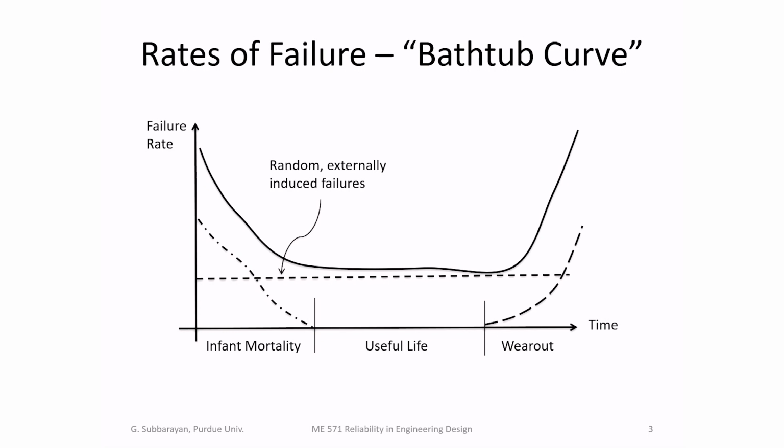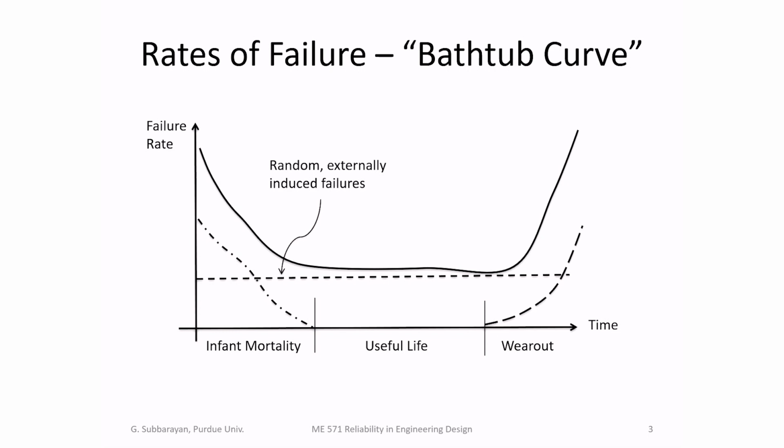We will judge whether a probability distribution, a mathematical model from a reliability perspective, is adequate if it can capture these three phases of a product life. We don't have to have a single model to capture the whole life of the product, but you need to be able to capture each individual phase with some mathematical model. That's how we will judge whether the model is adequate or inadequate.